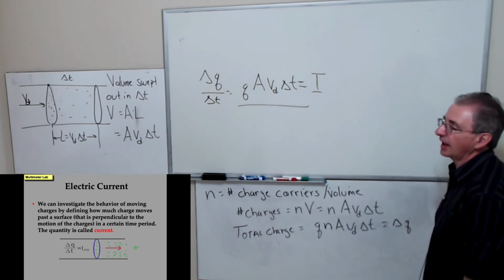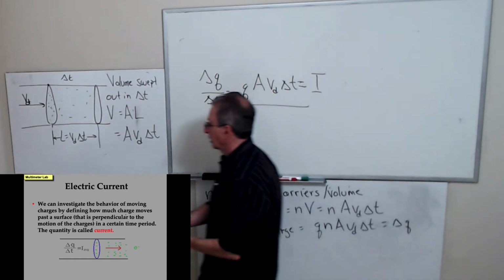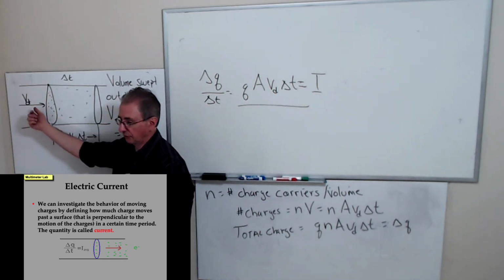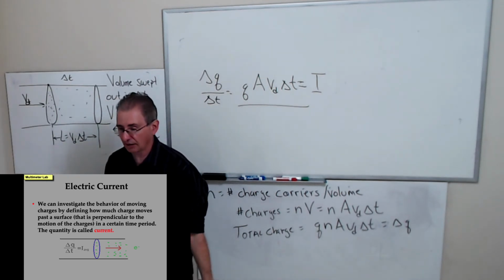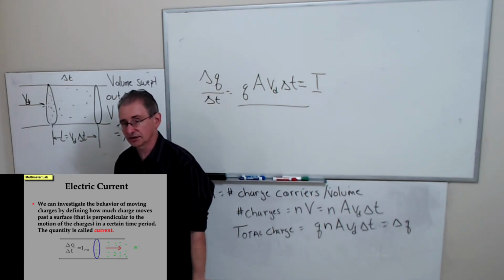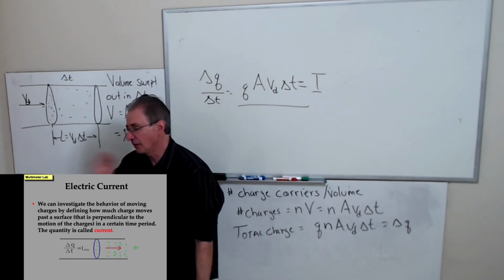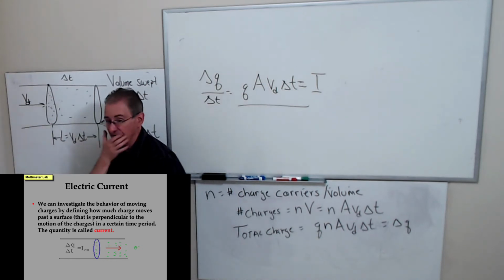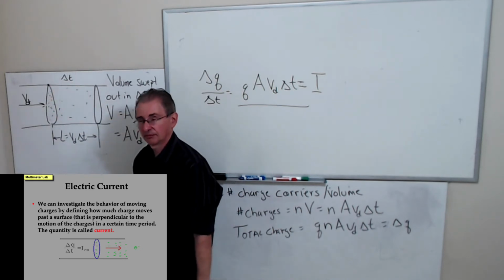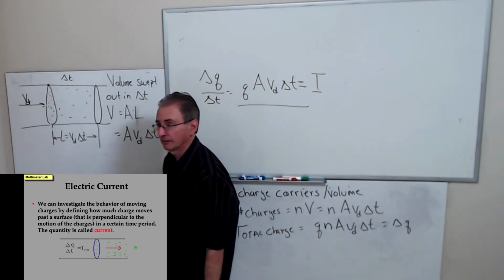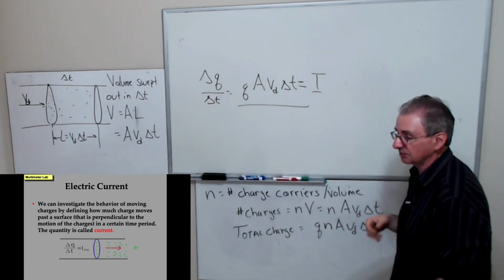Now this really represents an average value, because this drift velocity can really change. I mean, if you think about it, the electrons are going through the wire. They're plowing into the nuclei of the atoms, and they're undergoing many, many collisions per second. So this is really an average number. And we're assuming that the medium is pretty much uniform. So this is an average value, it's an approximation.